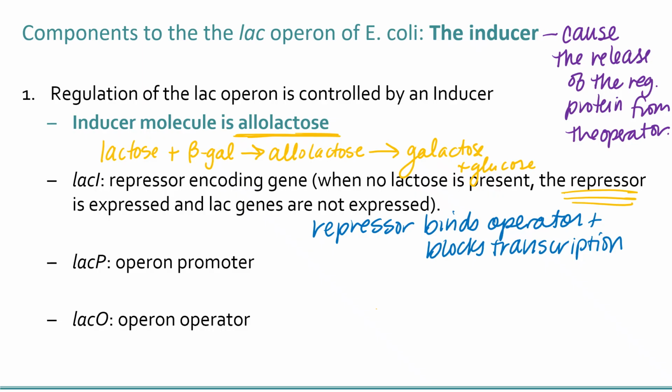And remember, this is normally off, so when there's no lactose present, our genes are not expressed. We are also going to need the operon promoter and the operon operator as well.